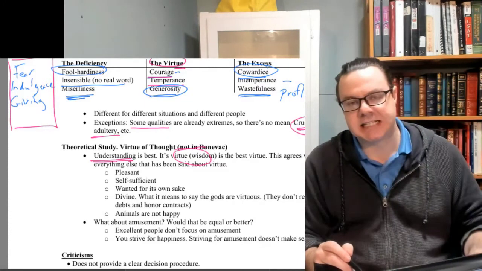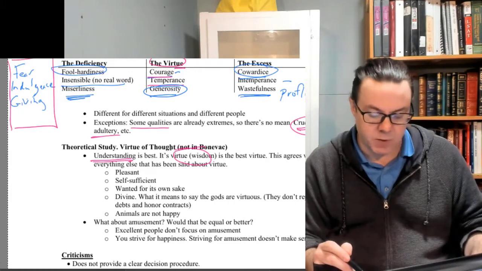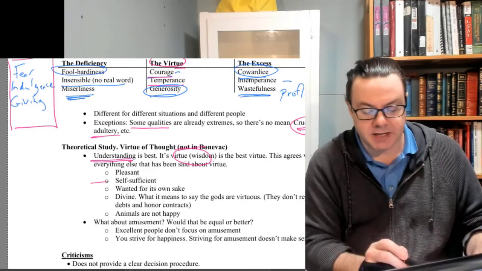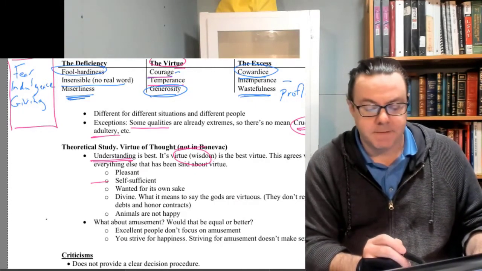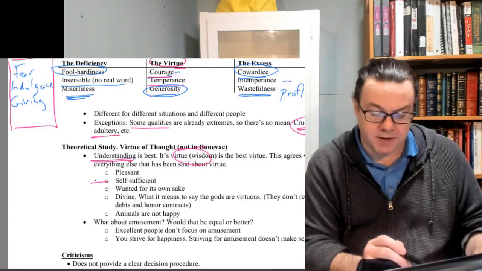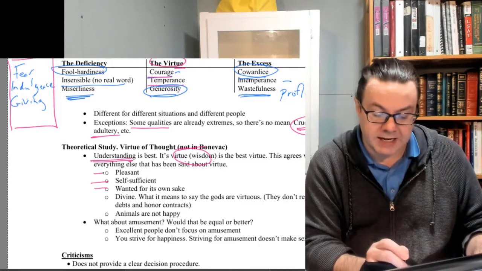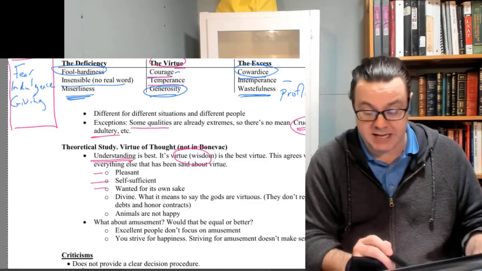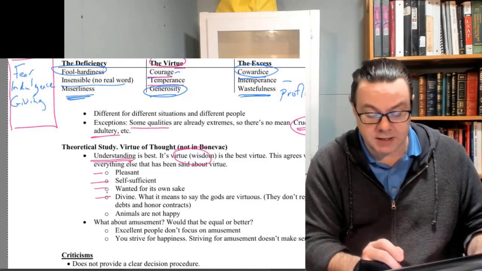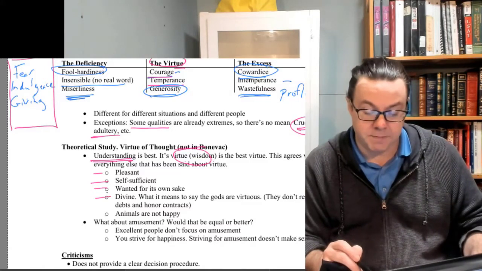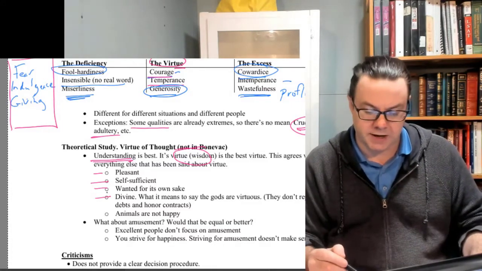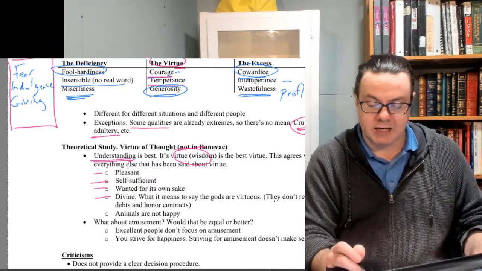He makes the case that it's the best virtue in some ways, that it has some of the characteristics that we associated with happiness earlier, that it's self-sufficient, that it's wanted for its own sake, and that it is itself pleasant. And he actually claims that this is what it means to say the gods are virtuous. People would say the gods are virtuous, the ancient Greek gods.